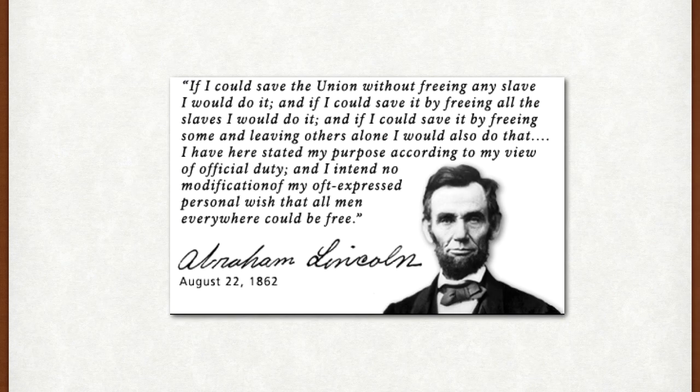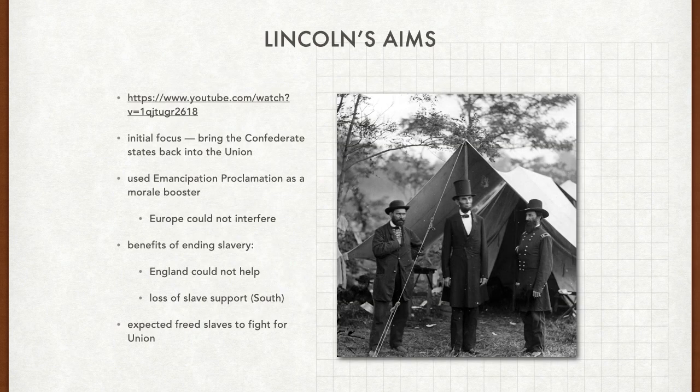So basically, Lincoln is declaring himself an opportunist, right? He's saying, whatever the situation calls for, I'll do it, but I'm really not taking a position. And of course, Lincoln expected that these freed slaves would join the Union and boost their numbers because they lost a lot of soldiers, since close to 1 million people died throughout this war.